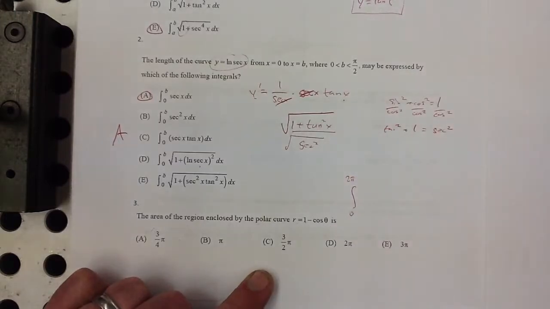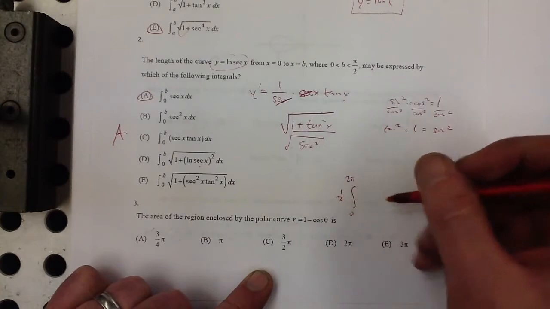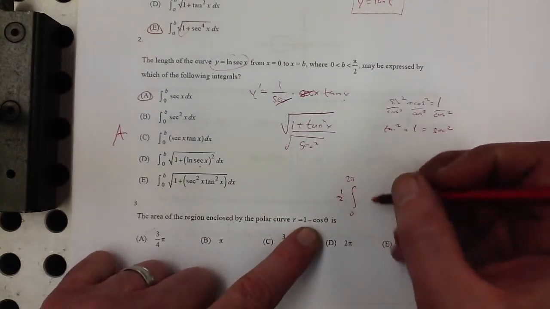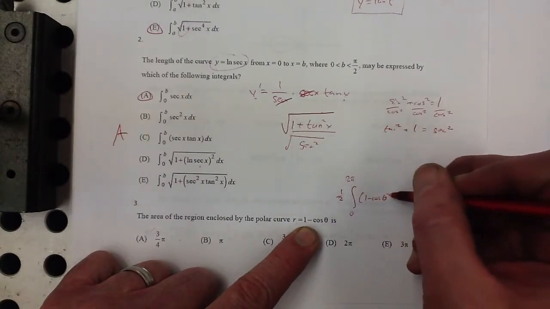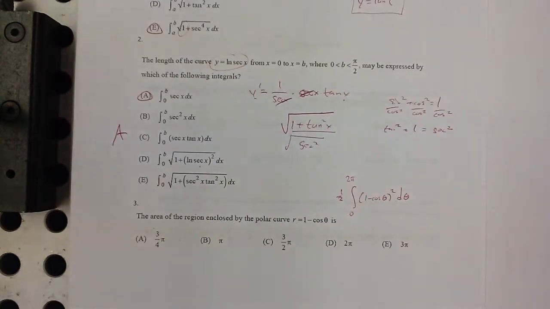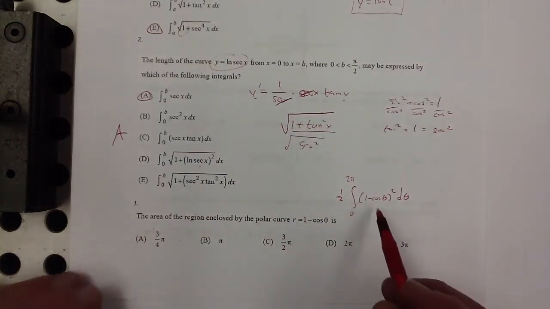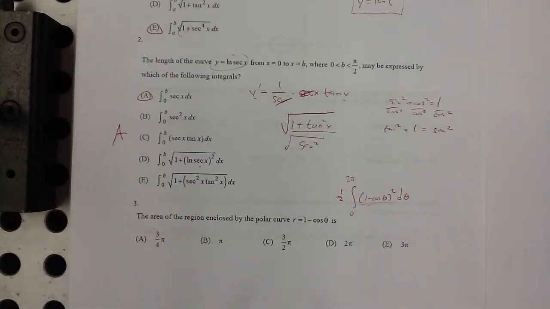It's not one of those special circles. We have 1/2 of 1 minus cosine theta squared d theta. And let me think about that for a second. This is going to involve some kind of trig substitution.